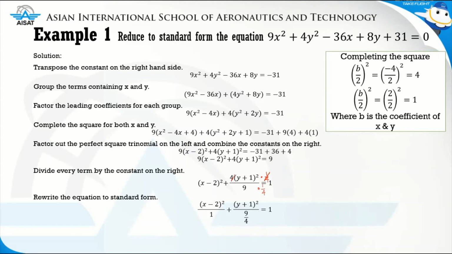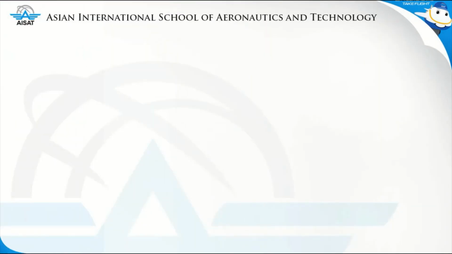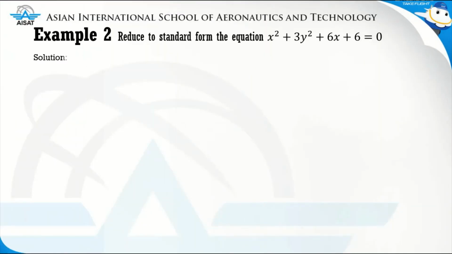Now let us proceed with example number 2. For example number 2, we are asked to reduce to standard form the equation of the ellipse, which is x squared plus 3y squared plus 6x plus 6.